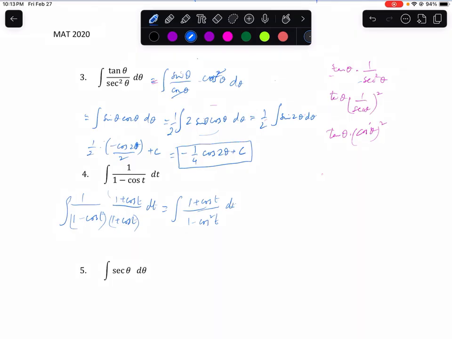is equal to the integral of 1 plus cosine t divided by sine square t dt. Now we can split it. We can now write it as two fractions.